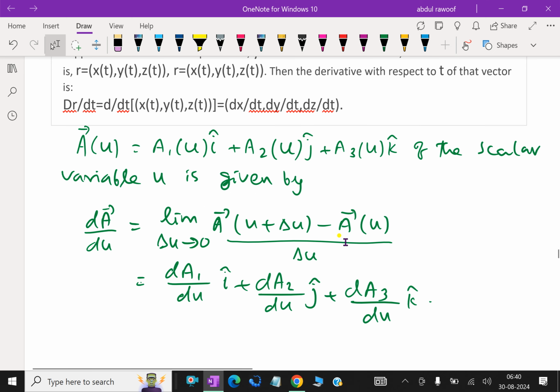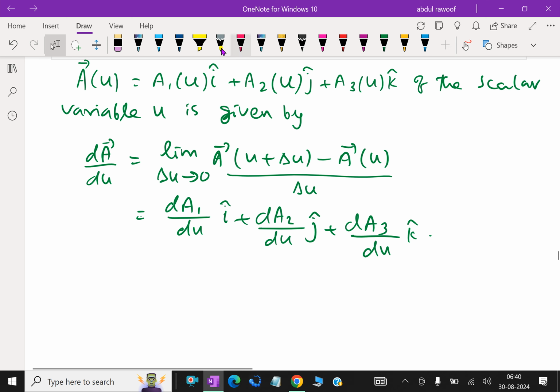Now, in general, vector A of u is equal to A1 of u i plus A2 of u j plus A3 of u k, where A1, A2, A3 are components, of the scalar variable u.